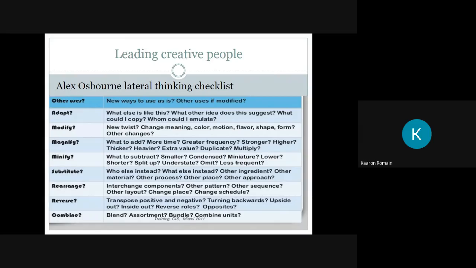Rearrange: interchange components, other patterns, other sequence, other layout, change place, change schedule. Reverse: transpose positive and negative, turn backwards, upside down, inside out, reverse roles, opposites. Combine: a blend, assortment, bundle, combine units.